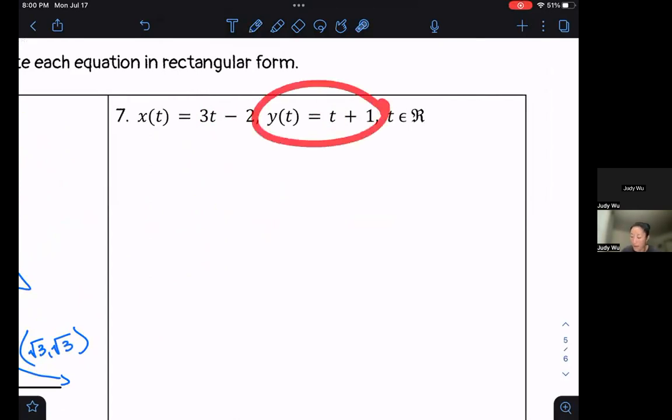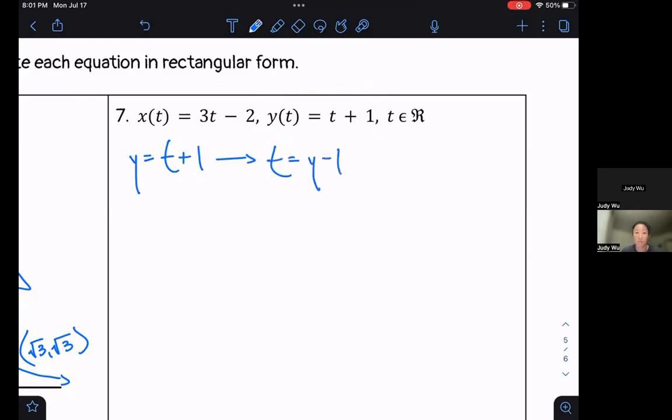I'm going to take the y equation and get the t all by itself. So y equals t plus 1 is really t equals y minus 1. That means everywhere I see a t, I can put y minus 1. So in this t right here, I can put y minus 1.